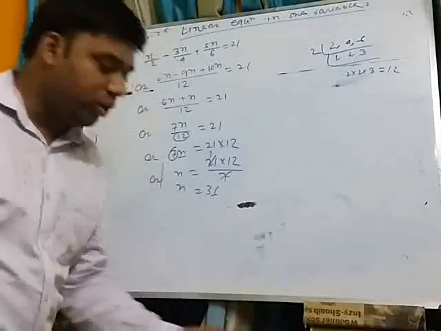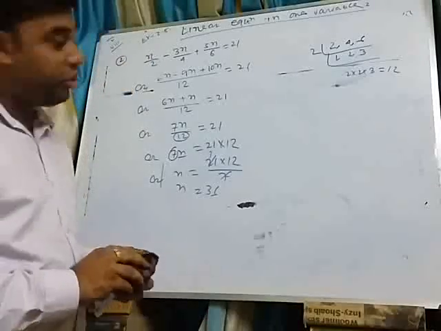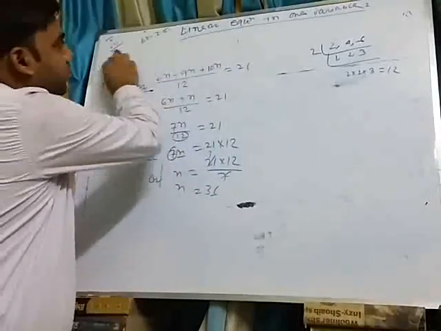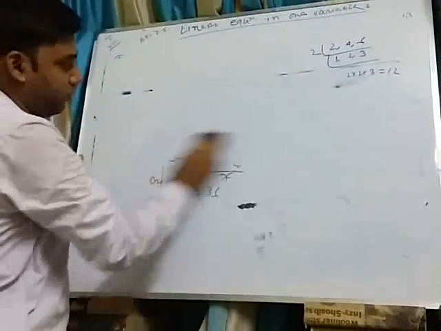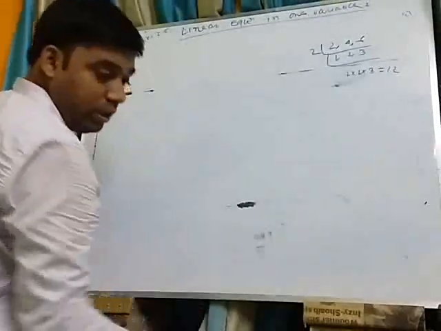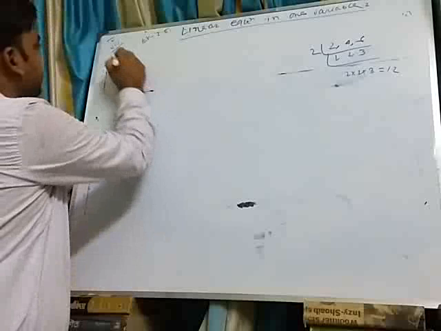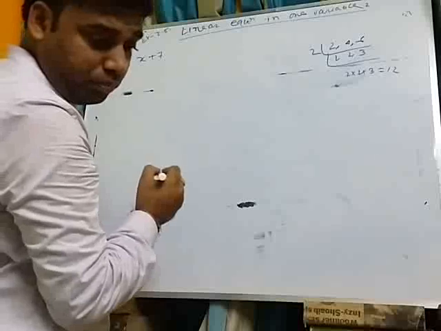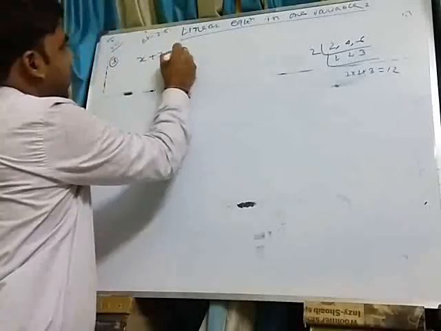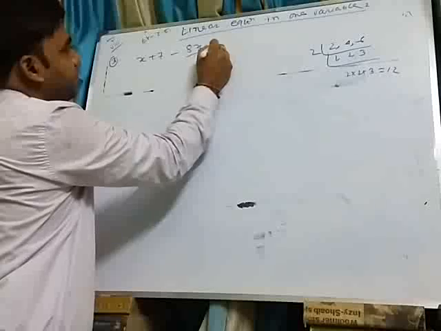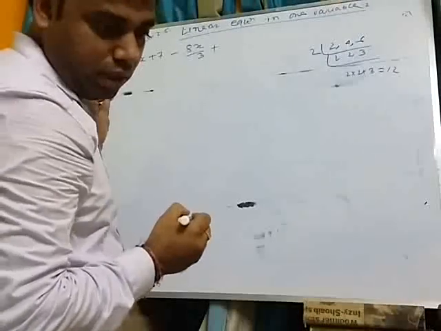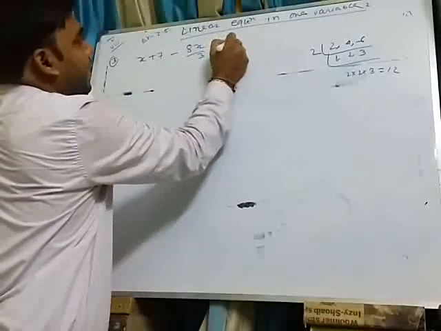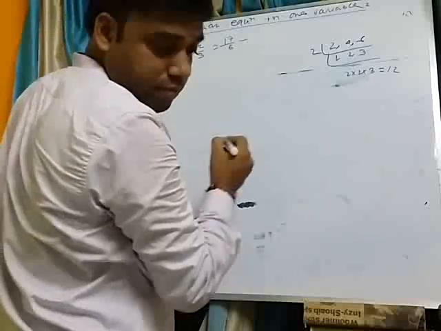Now moving on, question number 3. That is x plus 7 minus 8x by 3 equal to 17 by 6 minus 5x by 2.